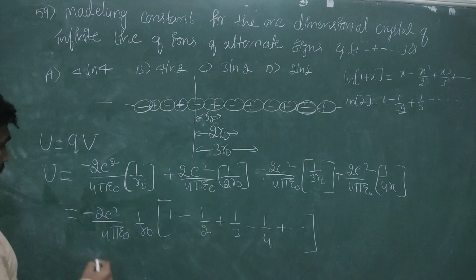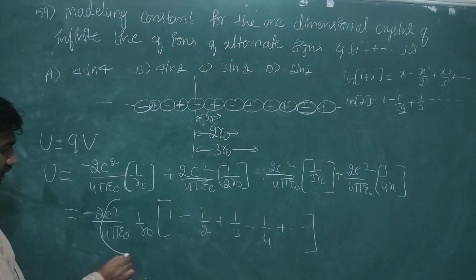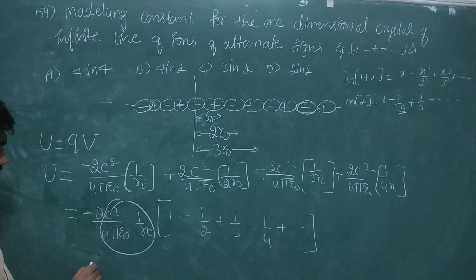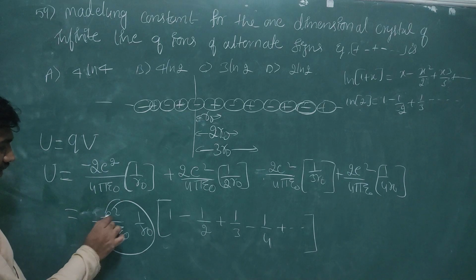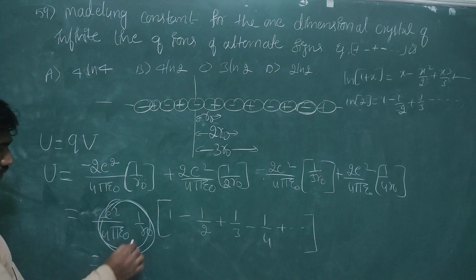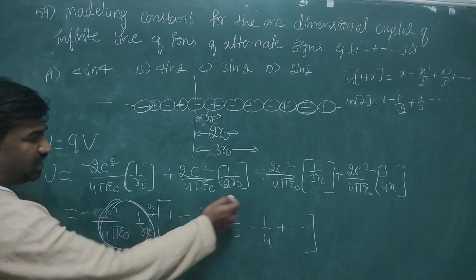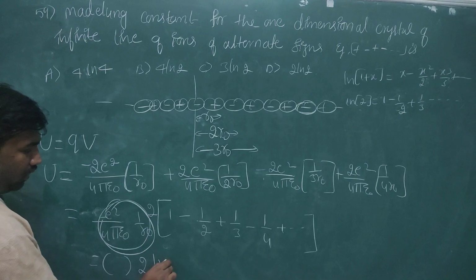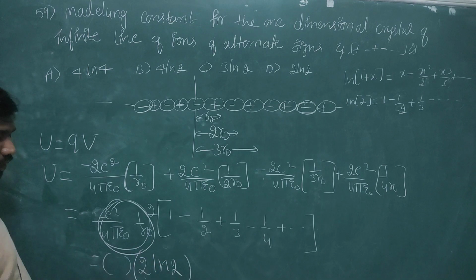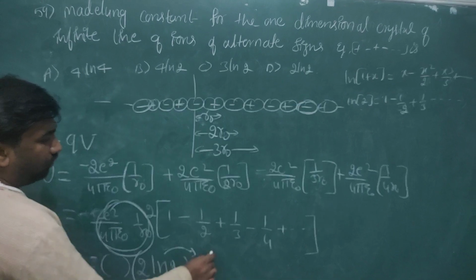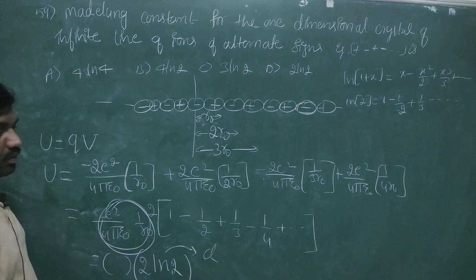So I am going to write this as the constant, and the minus is also included in the constant. So that constant into 2, and this is just like ln 2. So this is our alpha, the Madelung constant.